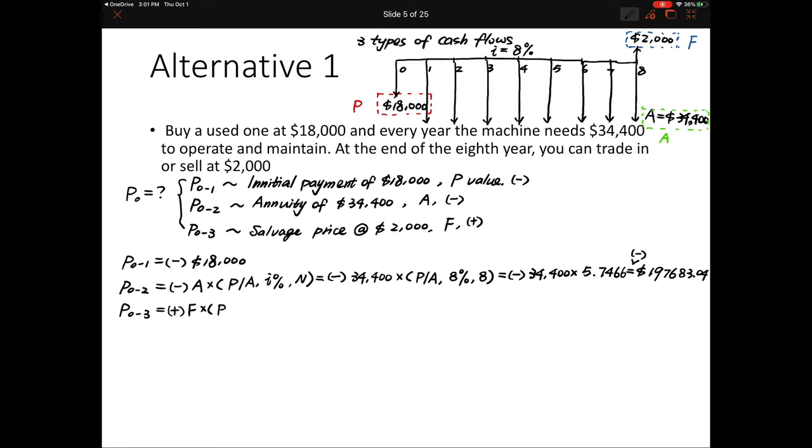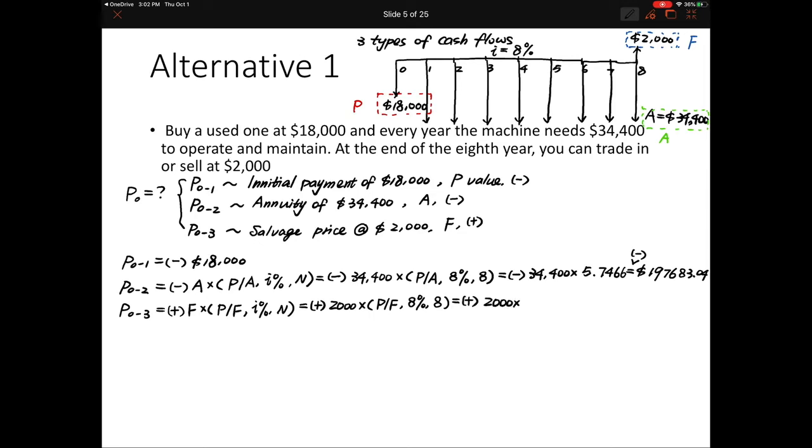So the equation is F times a factor P slash F, I% N to find out P given F, right? So positive, the F is 2000, the factor is P given F, 8% and 8 because it's at the end of the 8th year, okay?